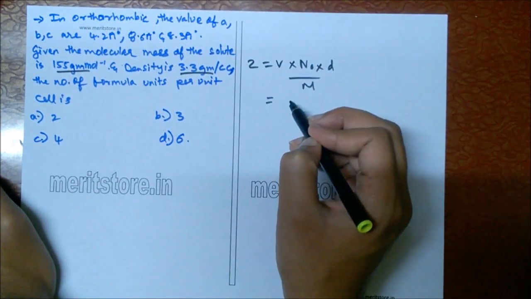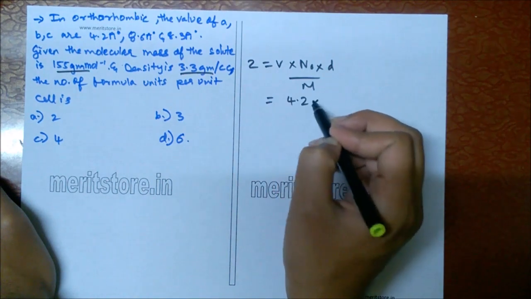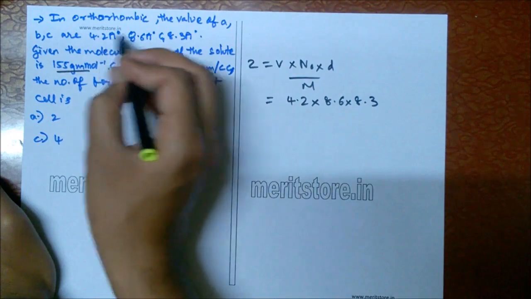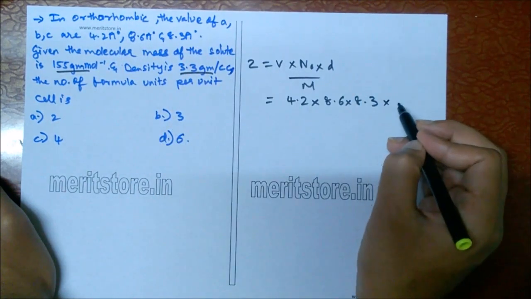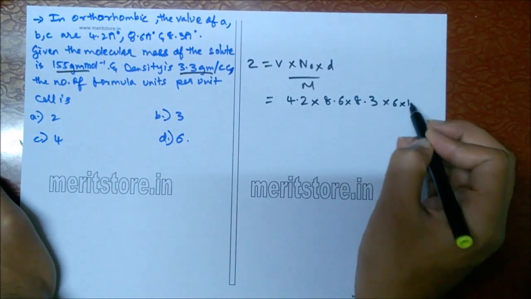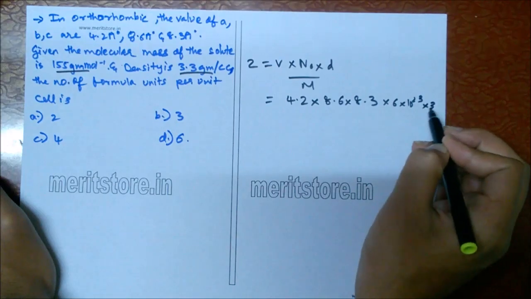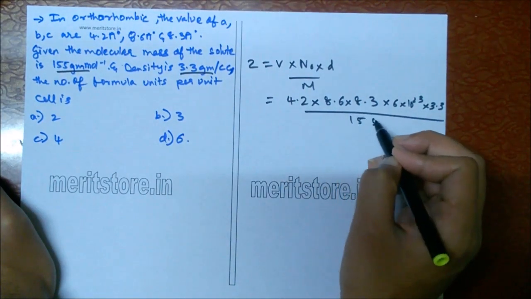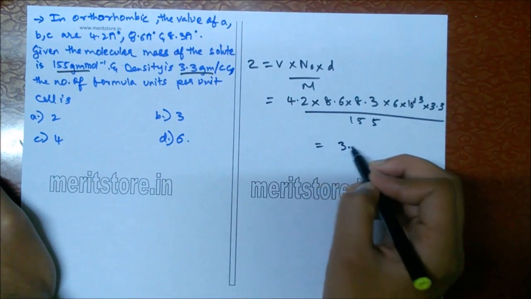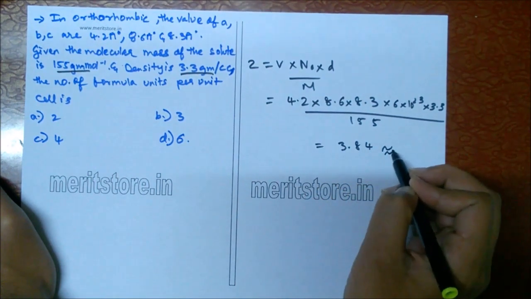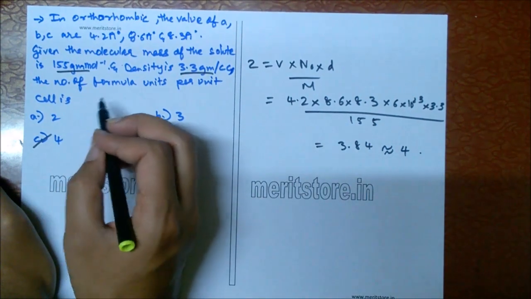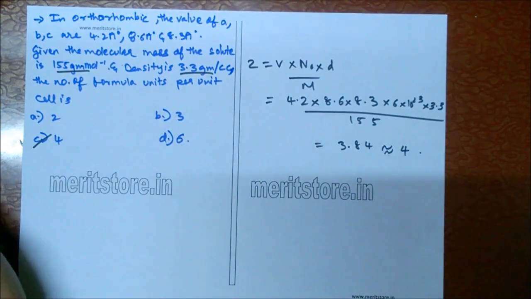Substituting the values of volume as 4.2 into 8.6 into 8.3, into Avogadro number 6 into 10 raised to 23, into density 3.3, divided by weight 155. On solving this, we get 3.84, which is nearly equal to 4. So option C is the number of formula units per unit cell.